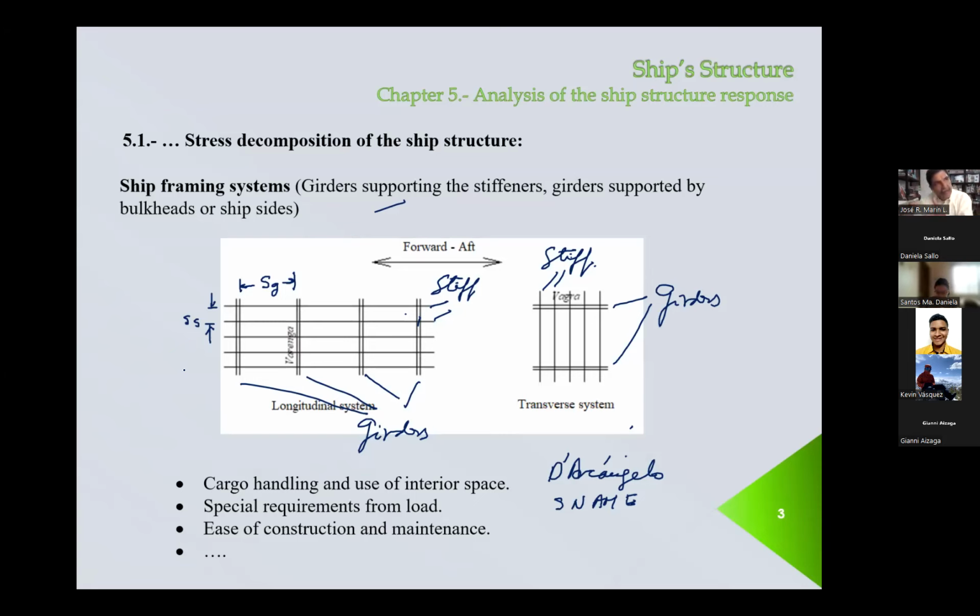So you better build the ship with a longitudinal or transverse framing system, or ease of construction. Right? For example, there are certain shipyards who prefer one because they have more experience with this or that. Okay, so, and another thing which is very important is maintenance.